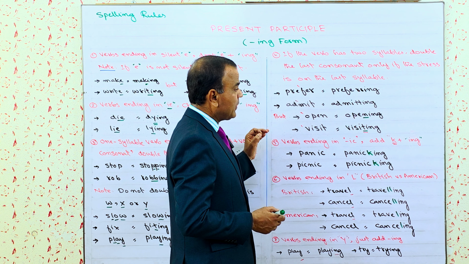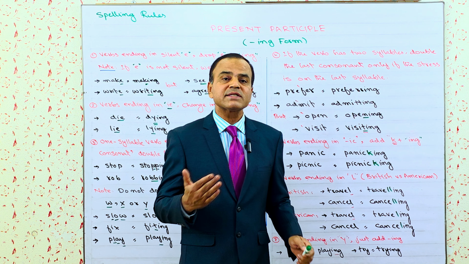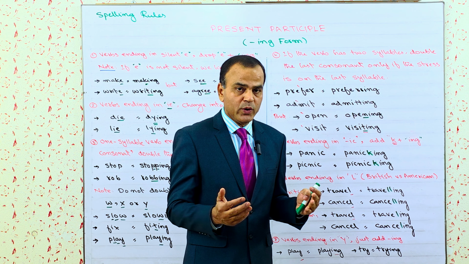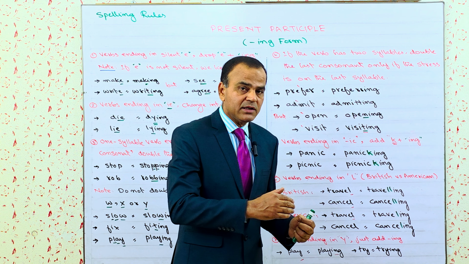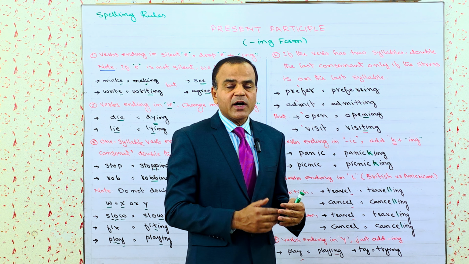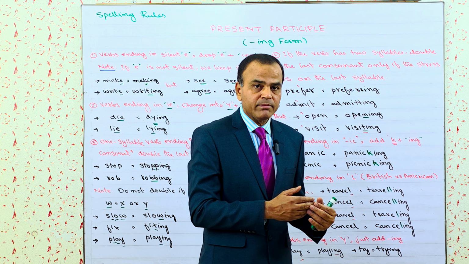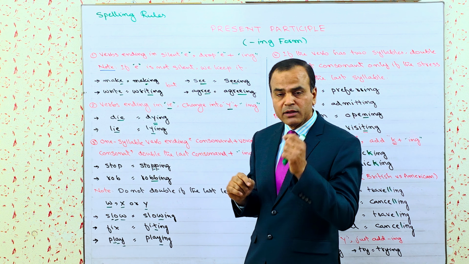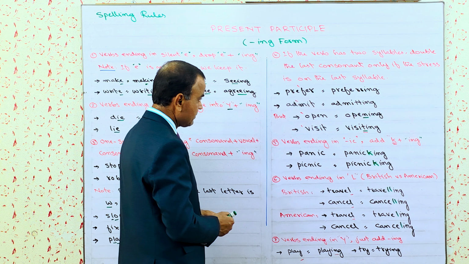So the rule number one, or the basic rule, is that if your stress is on the second syllable, you have a bisyllable verb, and the formation of the verb is consonant, vowel, consonant, as we have discussed in rule number 3, then the last consonant will be doubled.